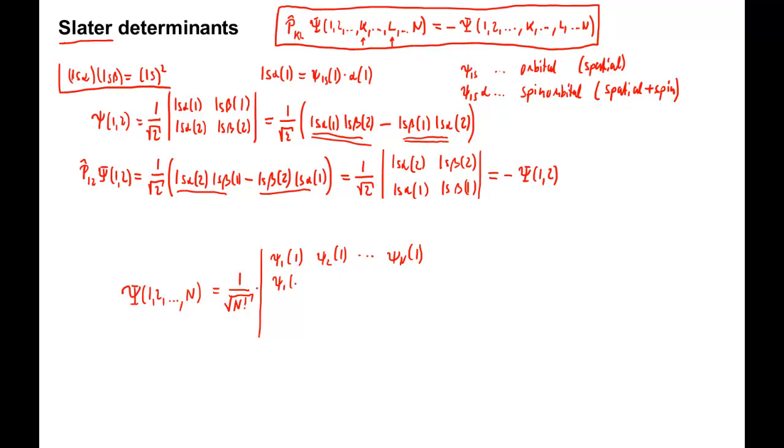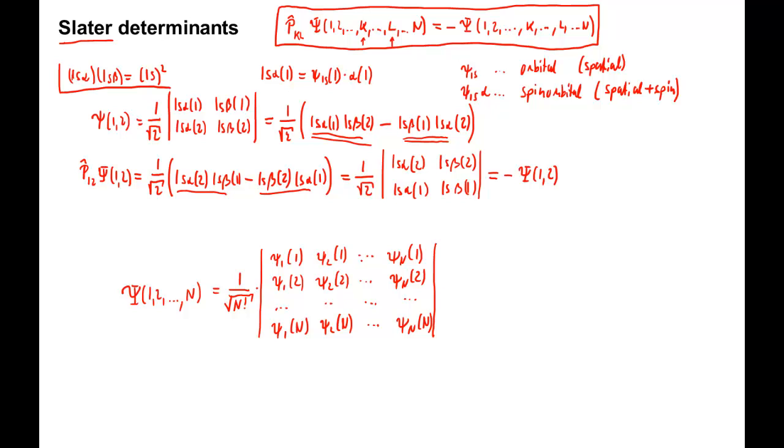In the second row we have psi 1 of 2, psi 2 of 2, all the way up to psi n of 2, and so on, row by row, with the different electrons until you get to psi 1 of n, the nth electron, psi 2 of n, and finally psi n of n.